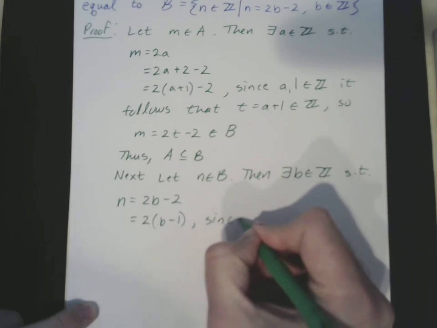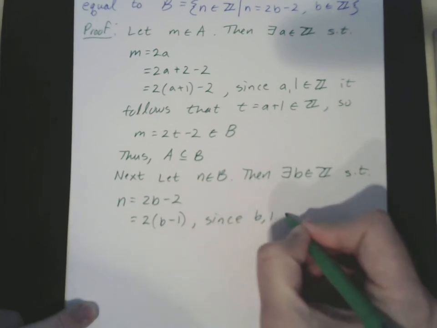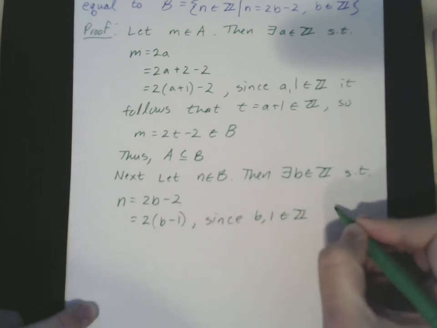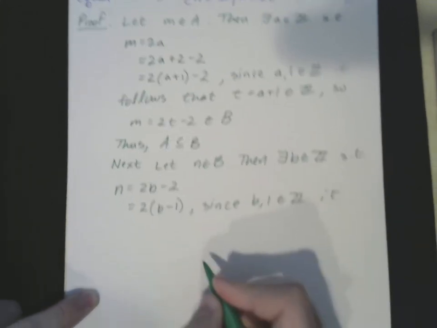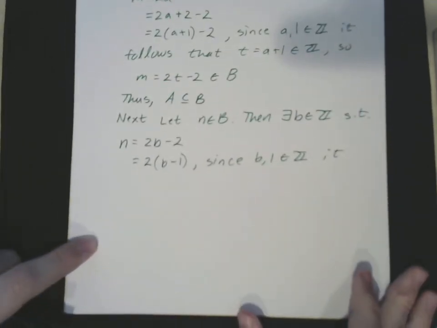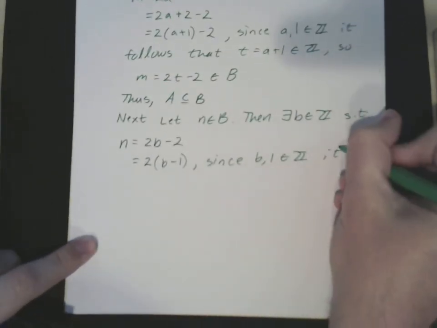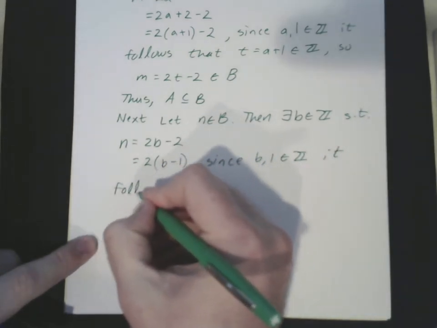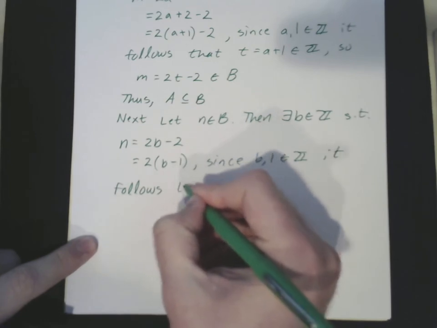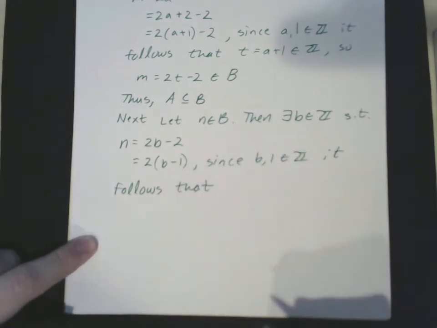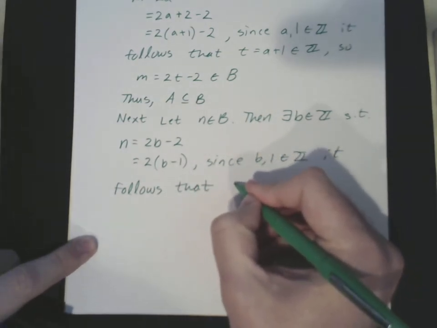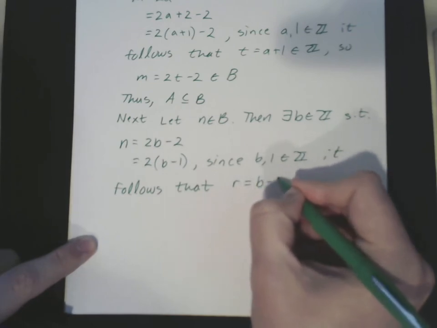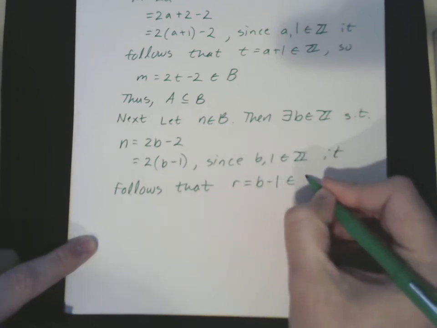And just as before, since b and 1 are integers, it follows that, let's call this r equals b minus 1, is an integer.